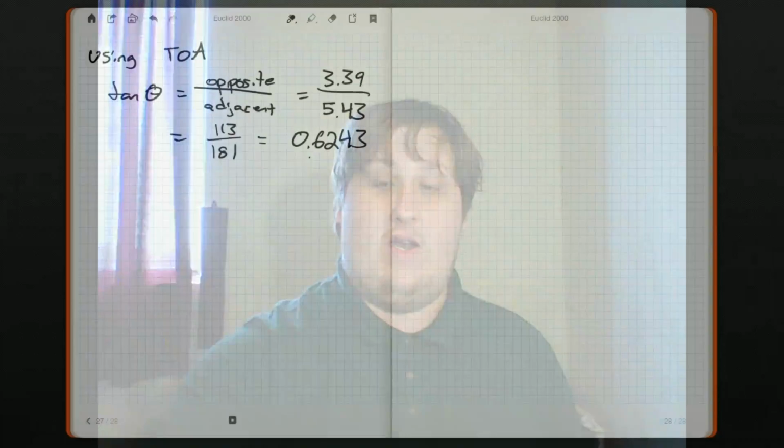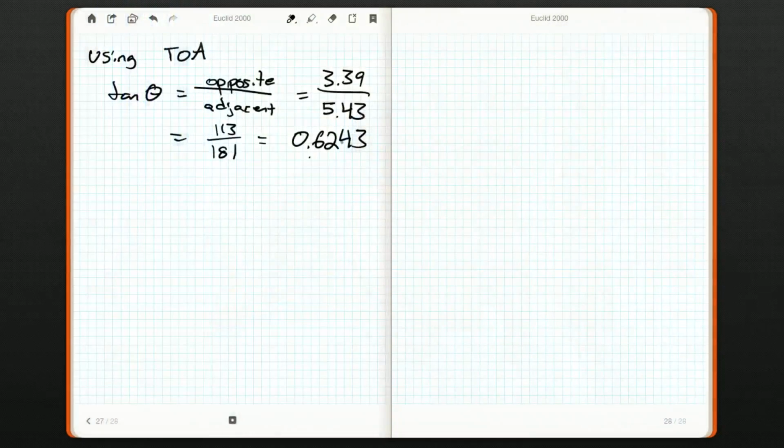So you've got to keep that in mind. Anytime we're doing this calculation, we're going to do the inverse tan or the arctan of 113 over 181, not the arctan of 0.6243, even though that's what I have written out here in our notes. This is just a little approximation so we can see what numbers we're working with. Okay?